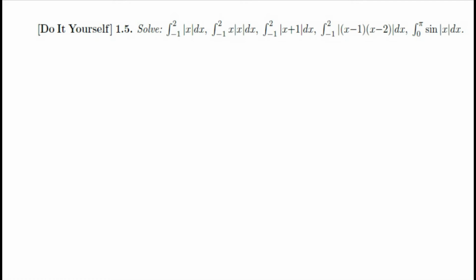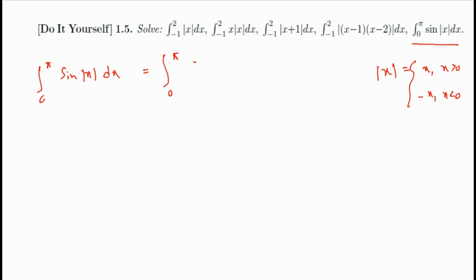Now 0 to pi sine mod x dx. Now this is simple, because mod x you already know, this is x if x greater than 0, and this is minus x if x less than 0. So in that range, you can just simply write 0 to pi sine x dx.